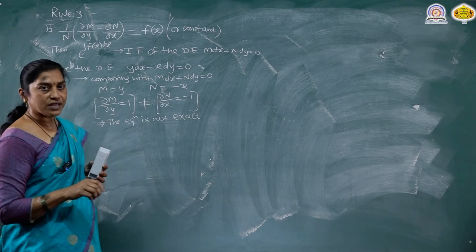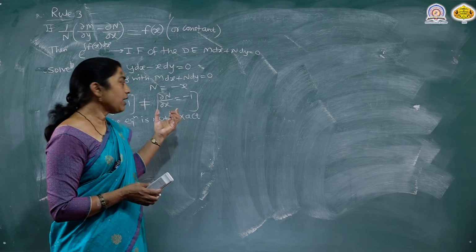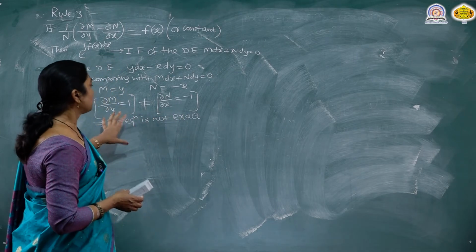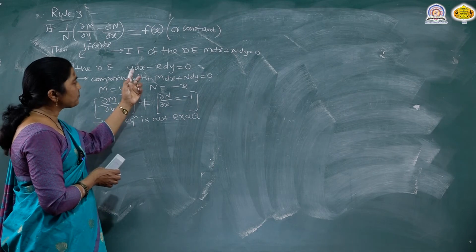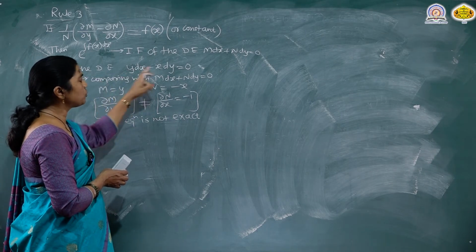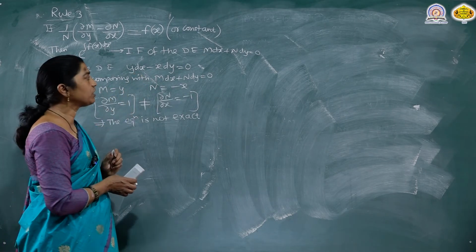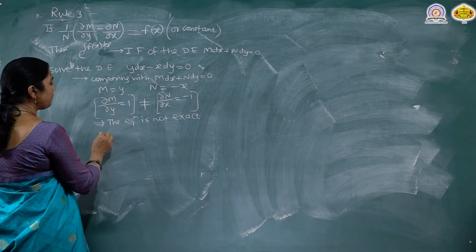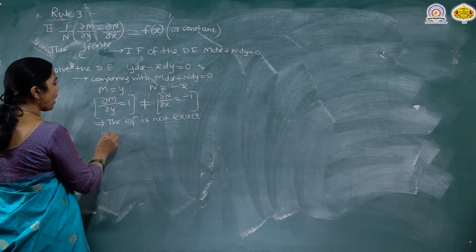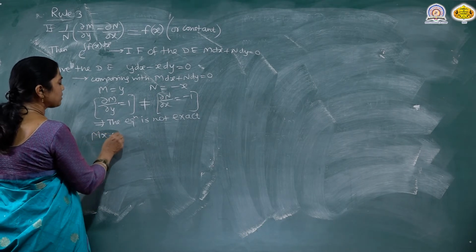If it is not exact, it can be made exact by multiplying it by some function of x and y, that is, an integrating factor. But you observe that this is homogeneous because both M and N are homogeneous of degree 1. When it is homogeneous of degree 1, we first try the value of Mx plus Ny.